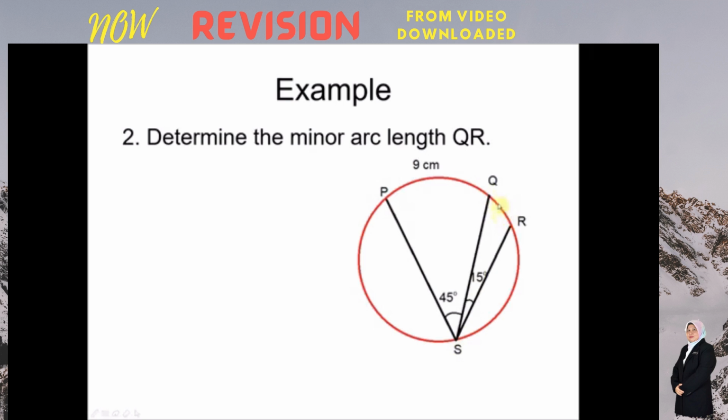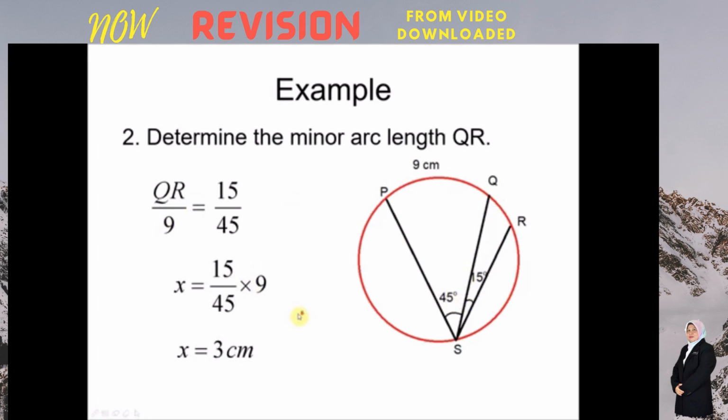So we want to find the minor arc length of QR here. If we take QR divided by 9, it equals 15 degrees divided by 45 degrees. We move the 9 here, you calculate this, and you get x equals 3 centimeters.